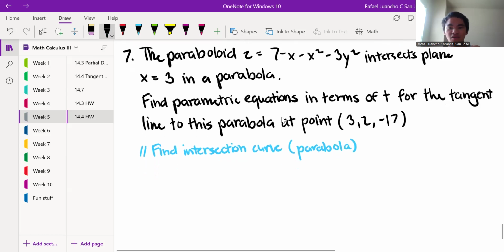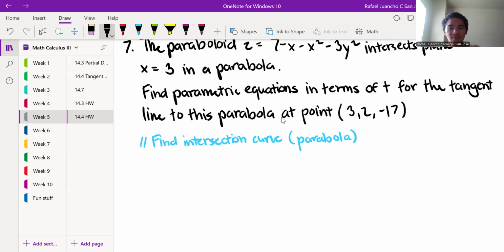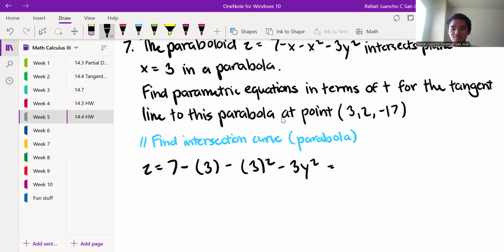So that's going to be, when x is 3, z is just 7 minus 3 squared minus 3y squared. And so that's going to give me 7 minus 9, that's minus 2... Actually, 7 minus 3 minus 9, that's minus 5. And there we go.